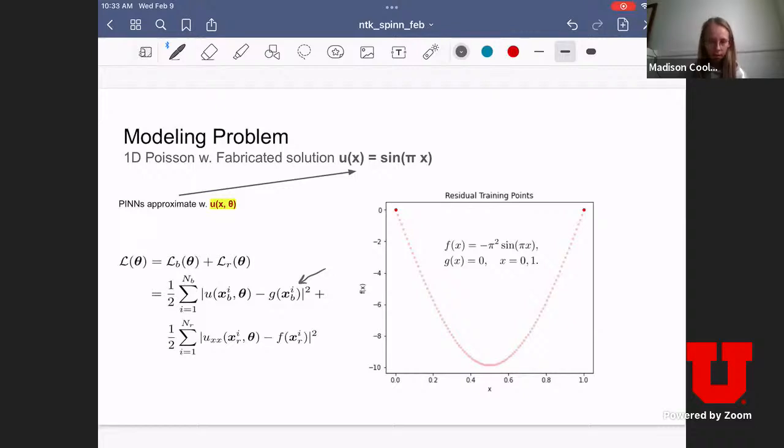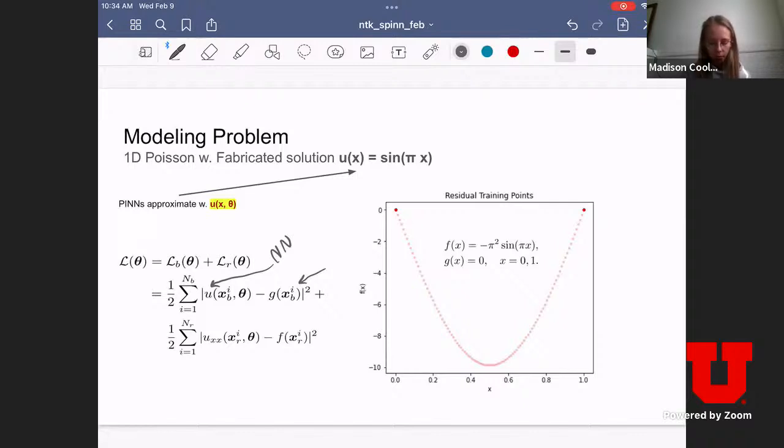So this is comparing the loss between the true solution and what this neural net outputs specifically for the boundary points. And then we also measure the loss of these residual points, that's the error in the residuals, essentially.